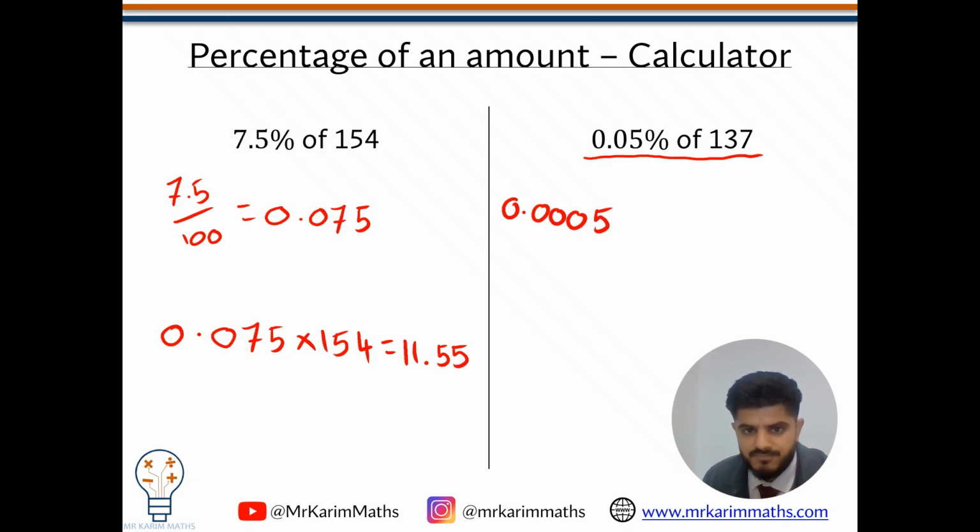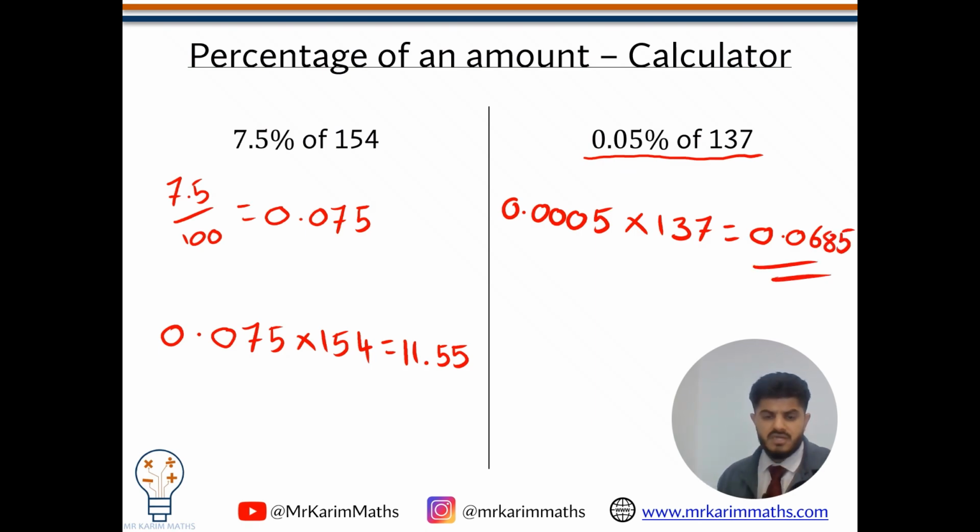That's our multiplier. Multiply that by 137, press equals, and there you go, 0.0685. Simples.